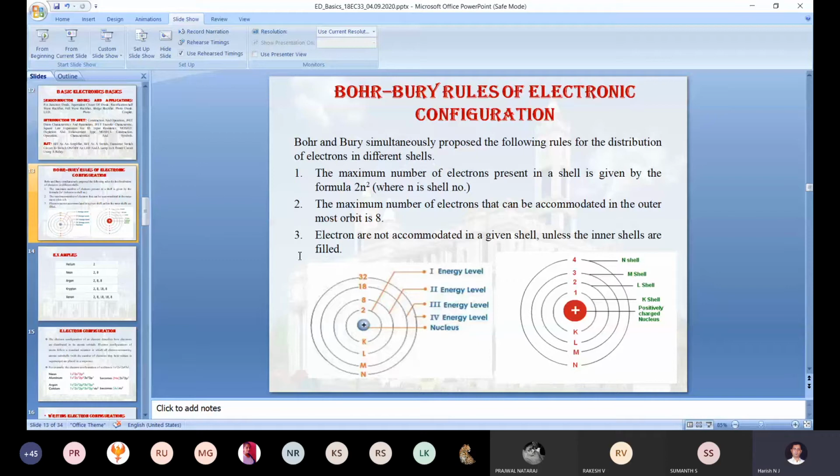What is the meaning of this? Electrons are not accommodated in a given shell unless the inner shells are filled. 3s cannot be filled without filling 2p.